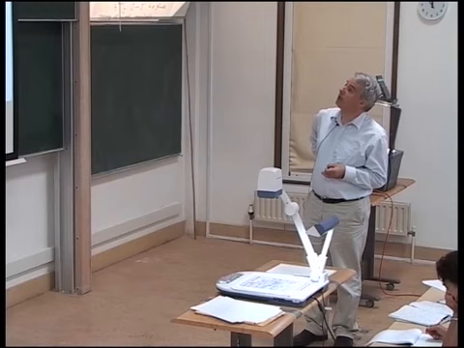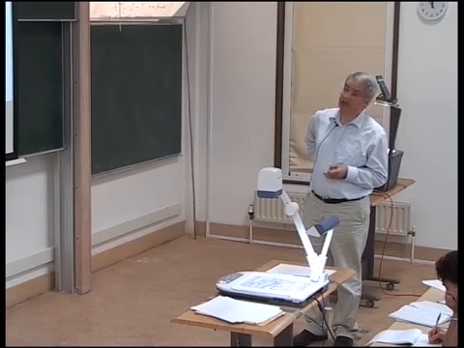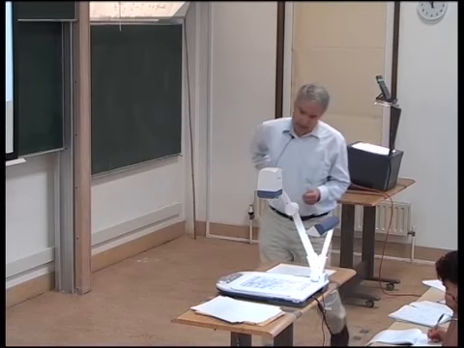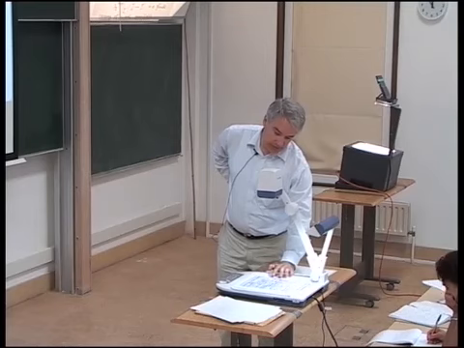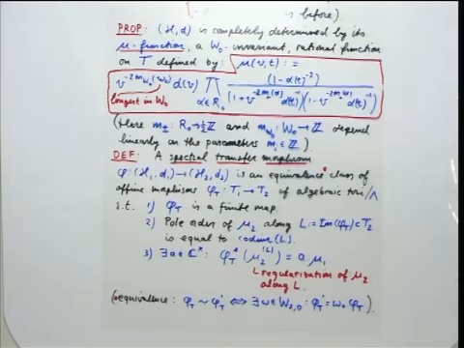So a spectral transfer morphism is from H1 D1 to H2 D2. It's an equivalence class of affine morphisms, but forget about the equivalence for now. It's given by an affine morphism between the tori T1 and T2 associated to the Hecke algebras H1 and H2 with the following properties.